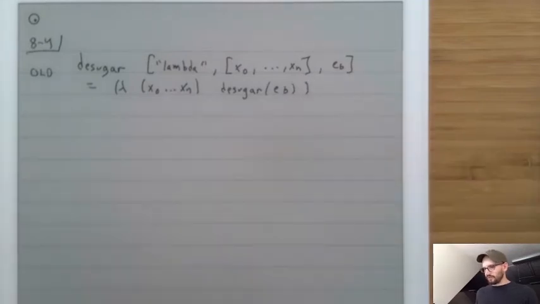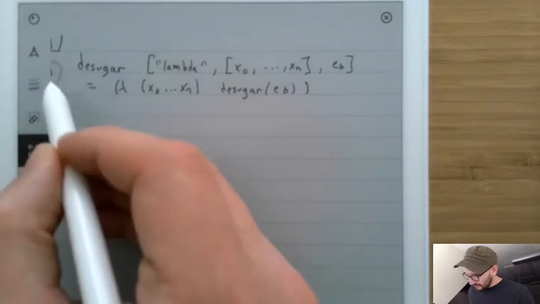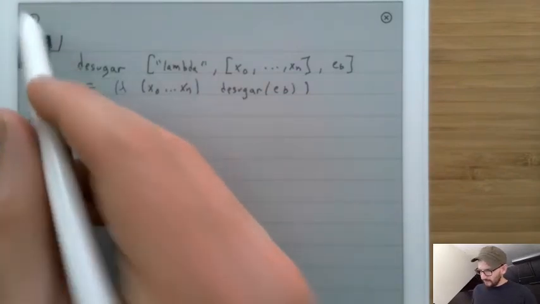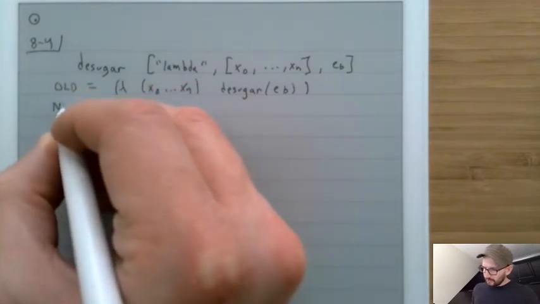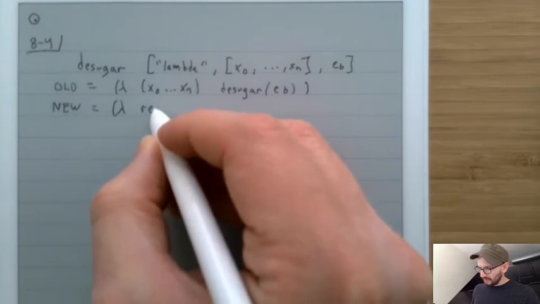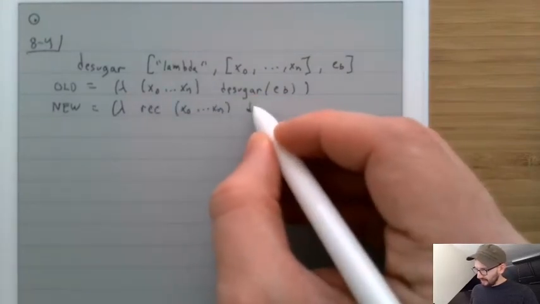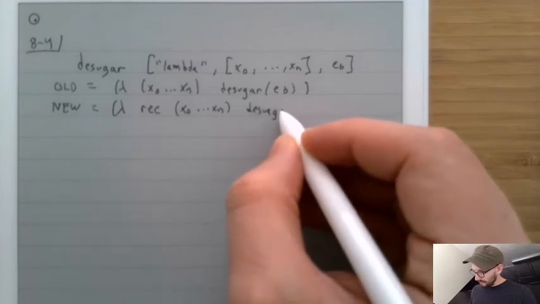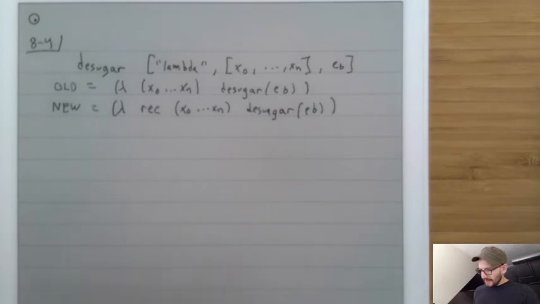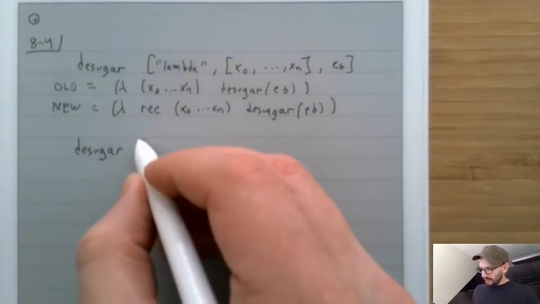Okay, that's what your old rule is. Now your new rule is going to turn it into something like rec x0 through xn, desugar eb.